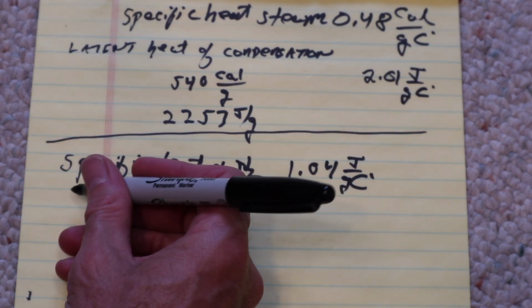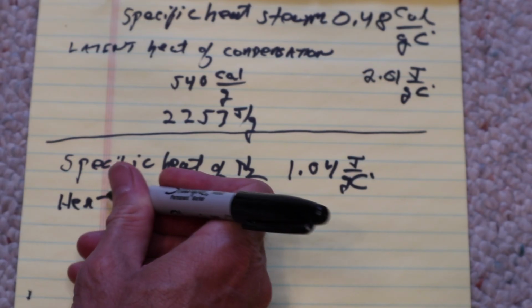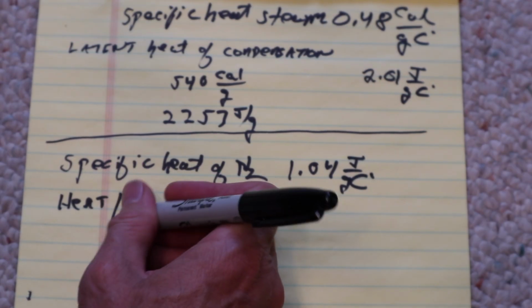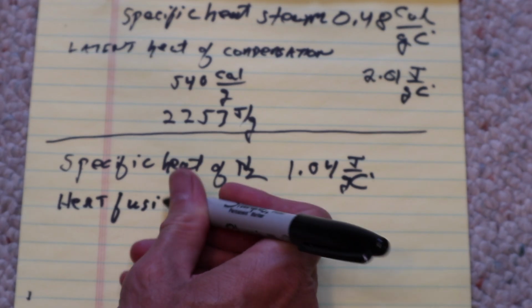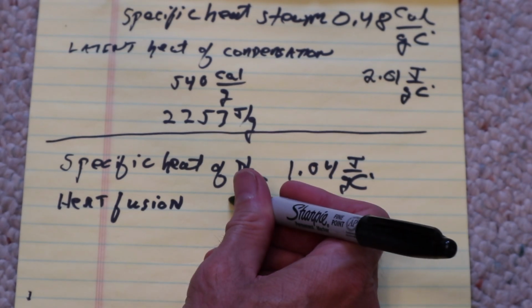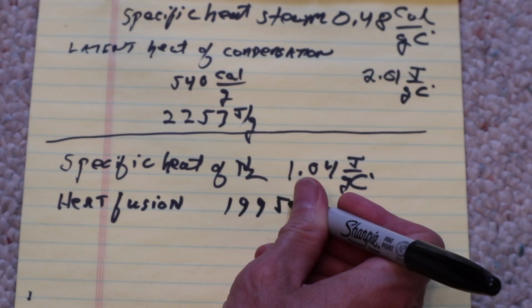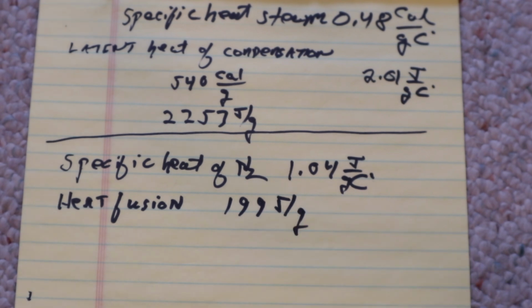And the heat of fusion that's going from a gas to a liquid is 199 joules per gram.